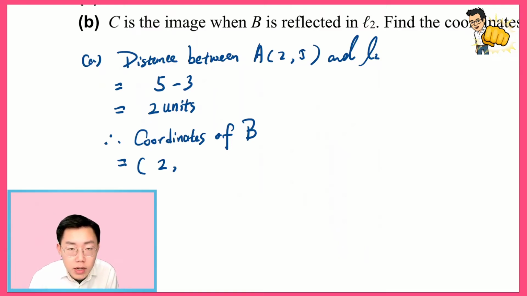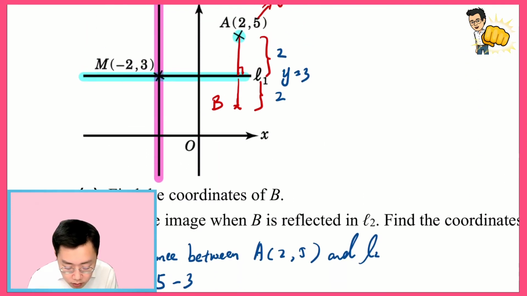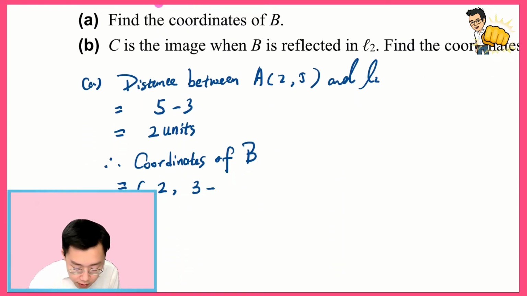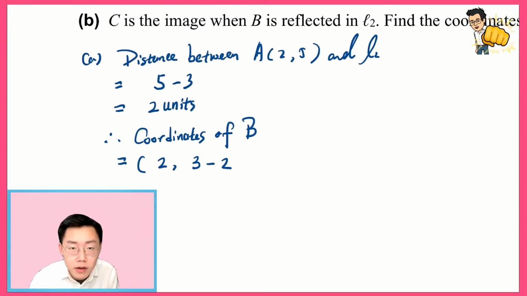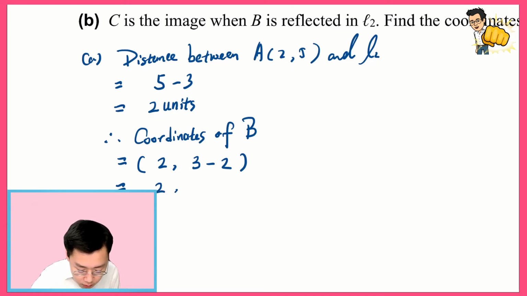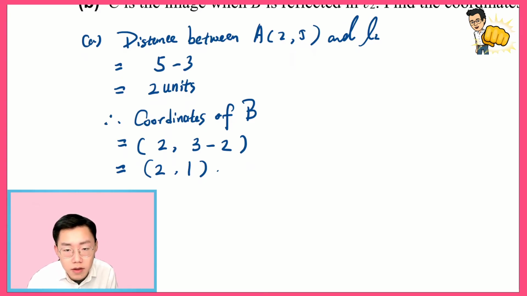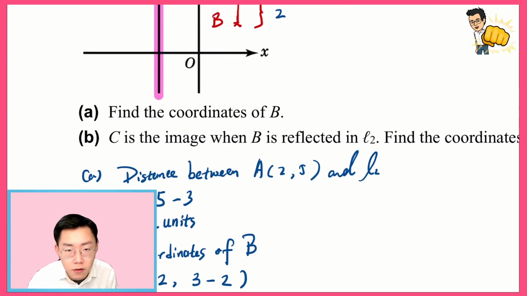That is the y coordinate. 亦即係話佢哋兩個嘅呢一個 x coordinate 係冇變嘅，變嘅就係呢個 y coordinate。So the y coordinate should be equal to the y coordinate of L1, that is 3, minus 2, because 2 is the distance between L1 and point B. So 3 minus 2, and the result should be 1. So 2, 1, that is the coordinates of point B.